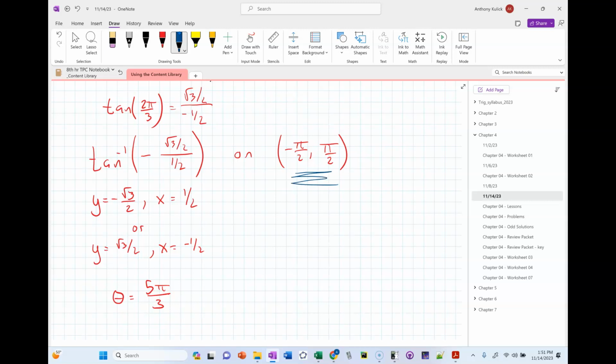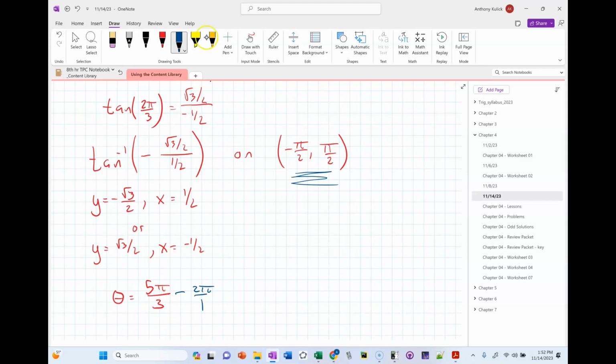It's not inside our interval. Rats! Is it too big or too small? Too big. Good. What should I do to make it smaller? Subtract 2 pi. Great.